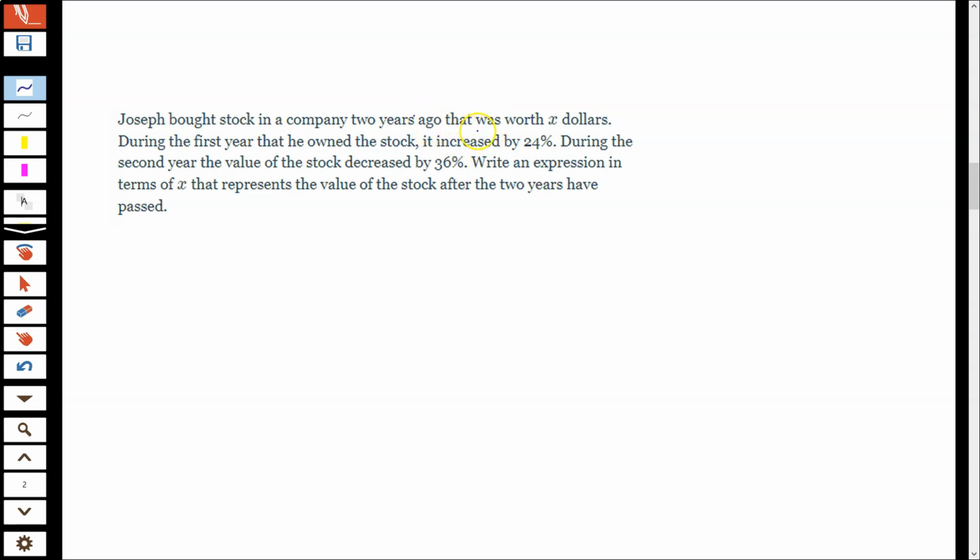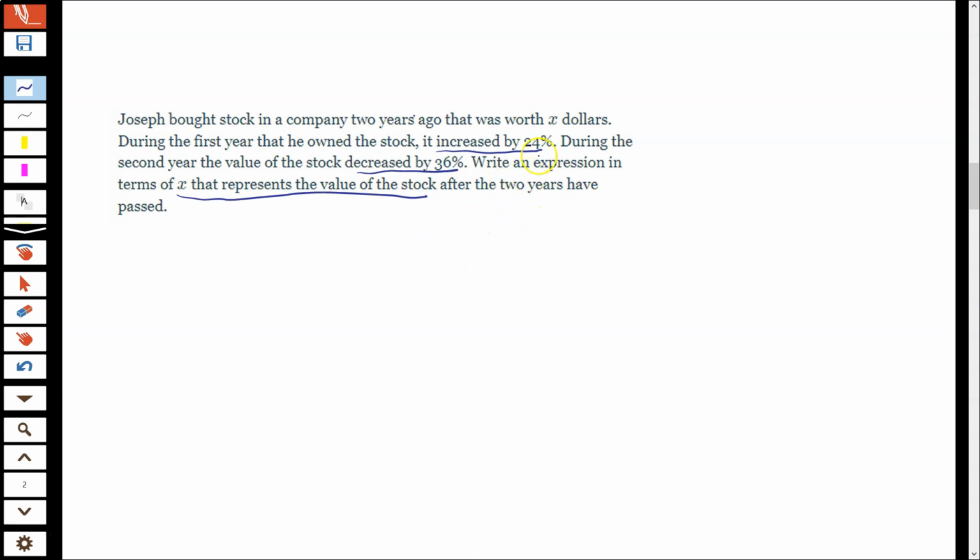He's buying a stock that was worth X dollars, and in the first year that he owned the stock, it increases by 24%. So the price of the stock changes, and that's how you make money buying stocks, or that's how you lose money as well. So during the second year, the value of the stock decreased by 36%. So we want to write an expression in terms of x that determines the value of the stock after the 2 years have passed.